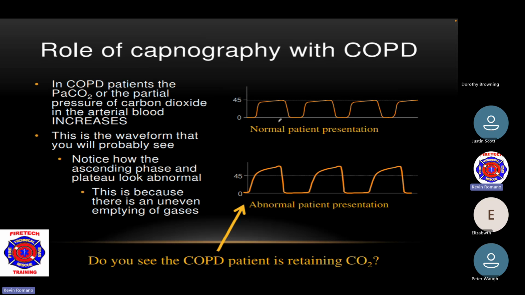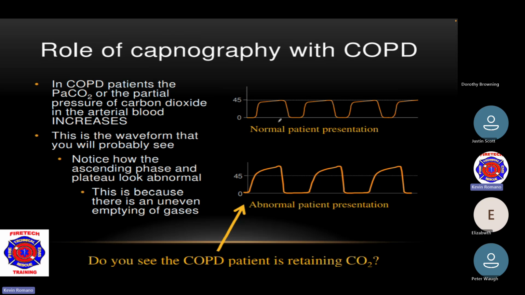So the role of capnography with COPD is that in COPD patients, the PaCO2, or the partial pressure of carbon dioxide in the arterial blood gas, increases. This is the waveform that you'll probably see. Notice how the ascending phase of the plateau looks abnormal.